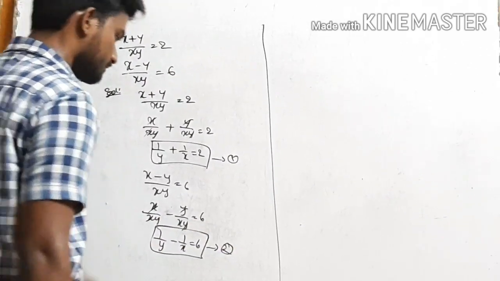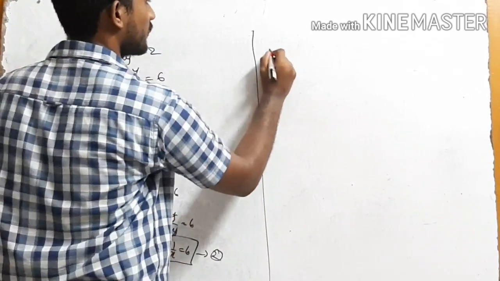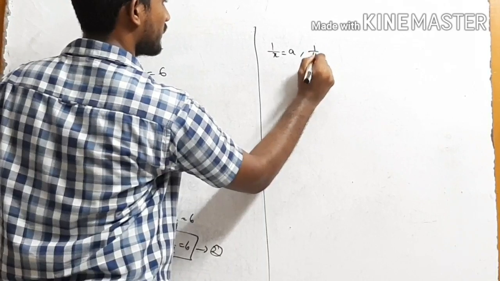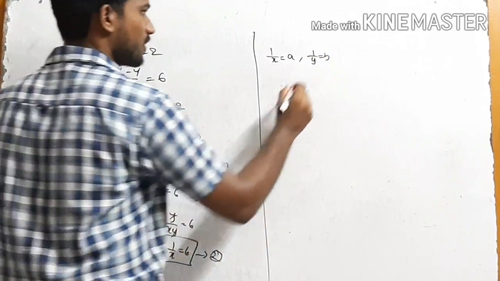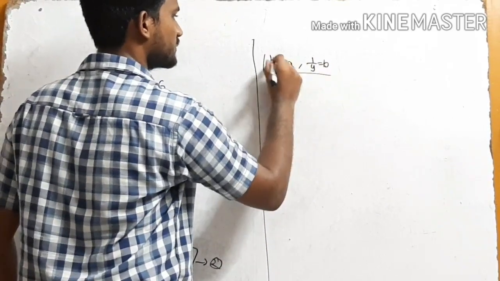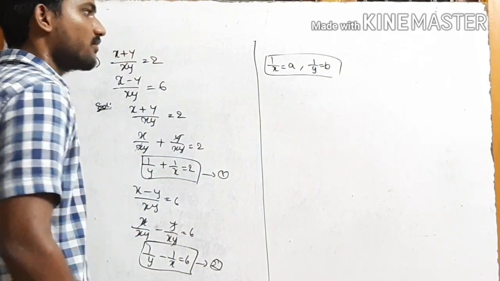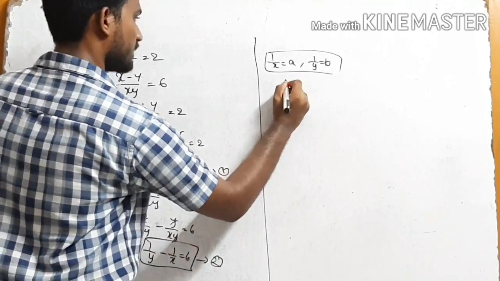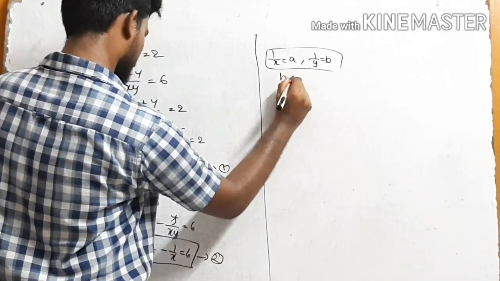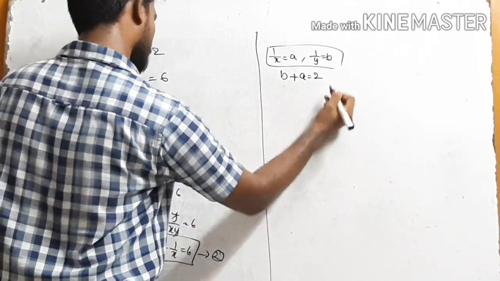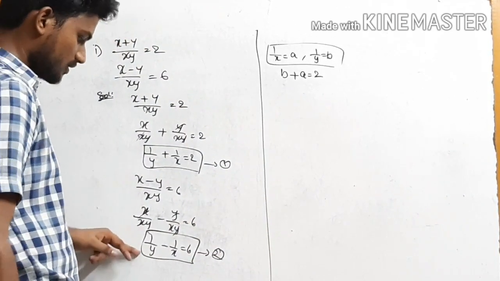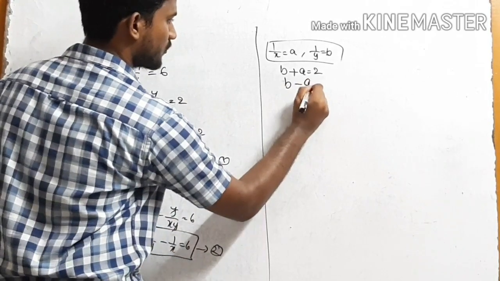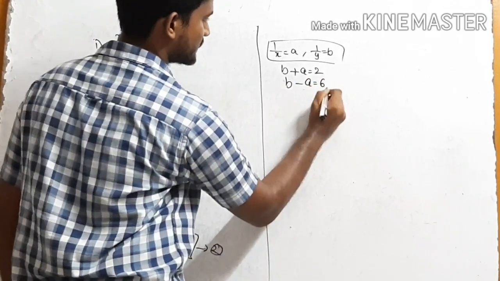second equation. Then take 1 by x equals a and 1 by y equals b, for our comfort, for an easy process. Then the first equation becomes b plus a equals 2, and the second equation, b minus a equals 6.